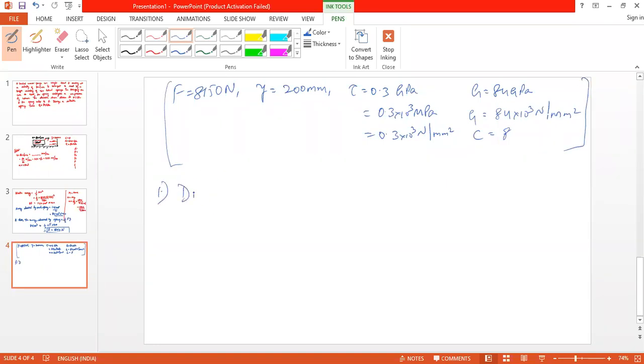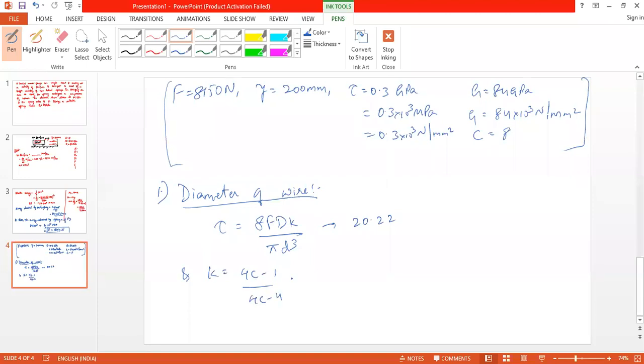So number 1, diameter of wire. To find the diameter of the wire, I need to use the expression for shear stress, that is tau is equal to 8 F D K by pi d cube, from equation 20.22, and K is (4C minus 1) by (4C minus 4) plus 0.615 by C. This is from equation 20.23.